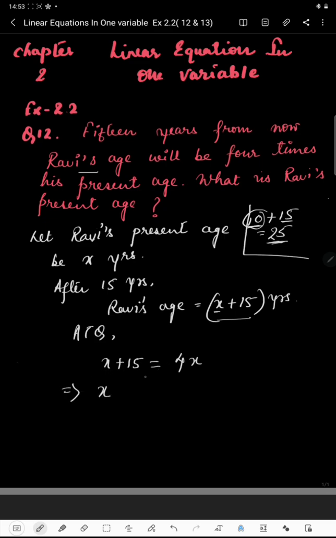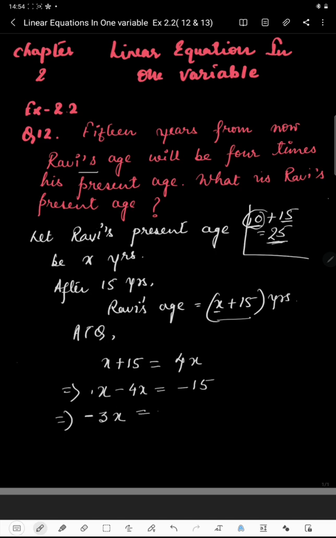Now we'll transpose 4x to the left hand side and 15 to the right hand side. 4x will be negative after coming to the left hand side, and 15 will be negative after coming to the right hand side. Now x minus 4x: the coefficient of x is 1, so 4 minus 1 is 3, so it will be 3x, and since 4 is greater than 1, the sign will be negative.